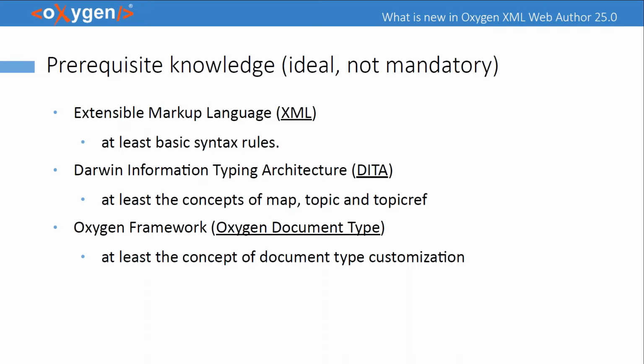So for all files, for example, that end with DITA, you associate them with a specific document type, in which you can define the set of CSS or the actions or the validation rules for that document. So that every time you open a DITA file, you see a homogeneous editing experience.